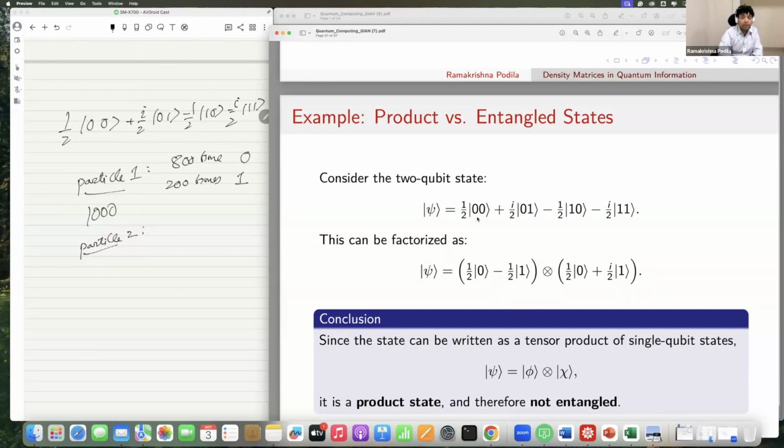Now, when I get this to be in 0 here, I could get the second particle to be either 0 or 1, because I have states such as 0,0 or 0,1. That means when I'm measuring the first particle to be in the 0th state, I could measure the second particle to be in either the 0 state or the 1 state.